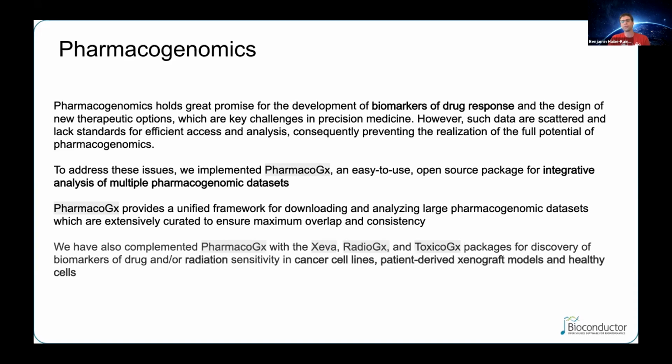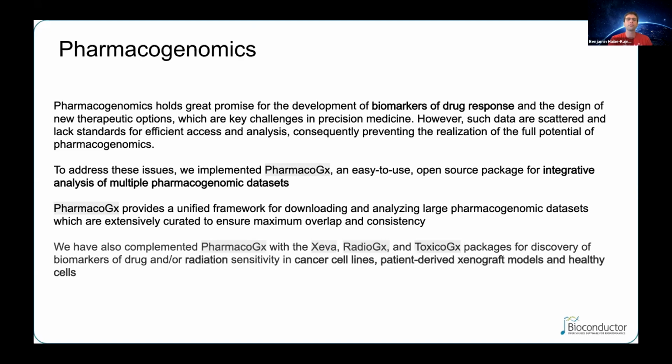The problem, as you'll see, is that despite the fact that a lot of people shared a lot of data, they are very hard to compare because nobody really agreed on different standards, like naming the cell lines in a consistent way or naming the drugs in a consistent way. Luckily, at the genomic level, there are way more standards that could be used, but it's really at the phenotypic level that a lot of curation needs to happen before you can leverage all those data.